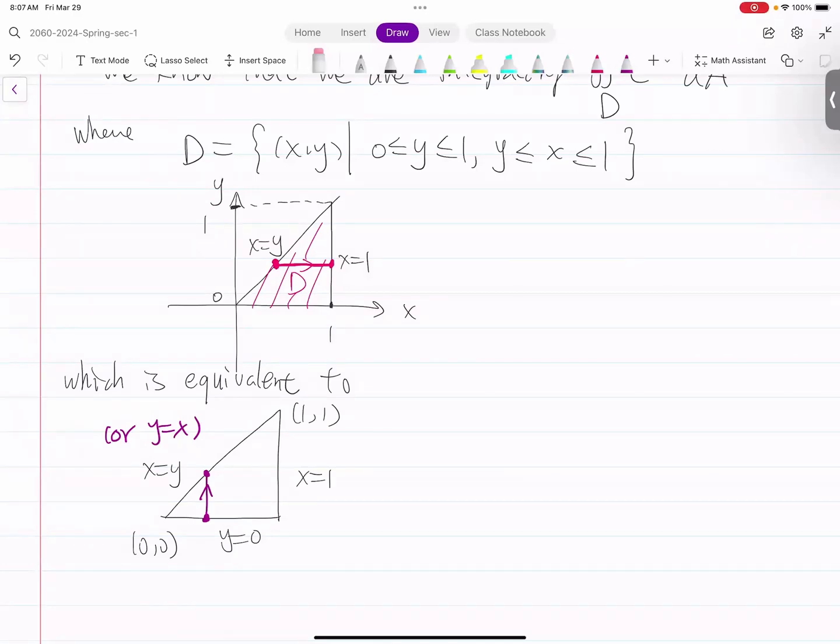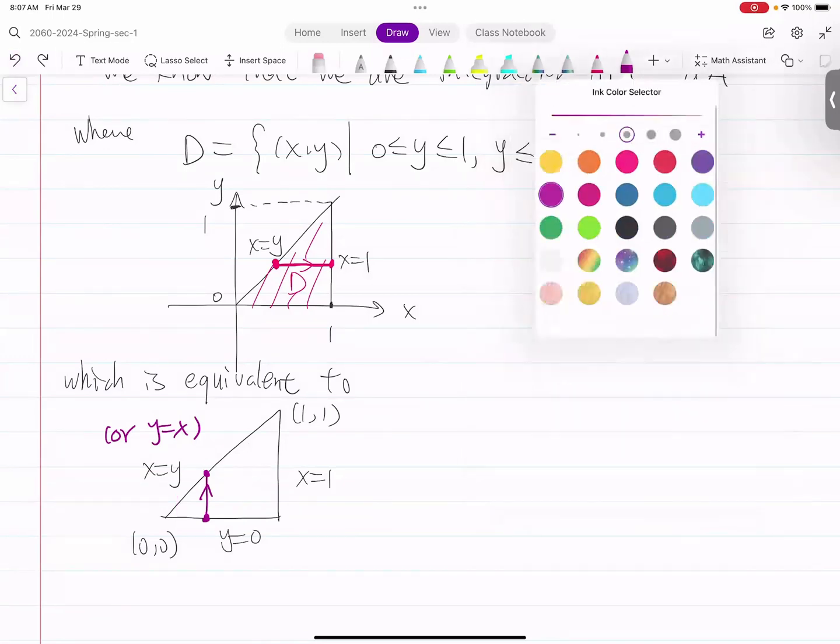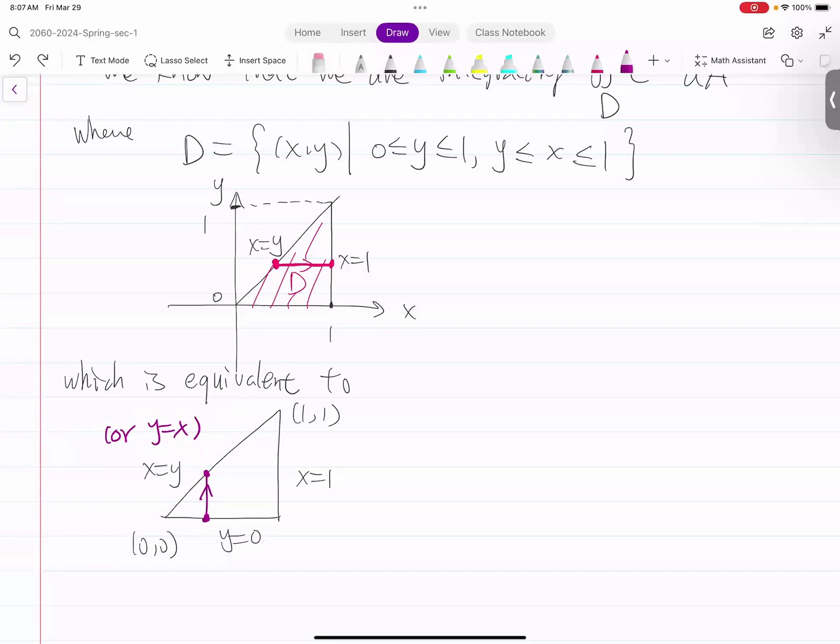And then we see that this vertical bar can be free, starting from x equals 0 all the way up to x equals 1. Right? So these are just vertical bars covering this triangle. So the equivalent description is what? It's actually saying, okay, my x is free between 0 and 1, right? And then my y values are between 0 and x.